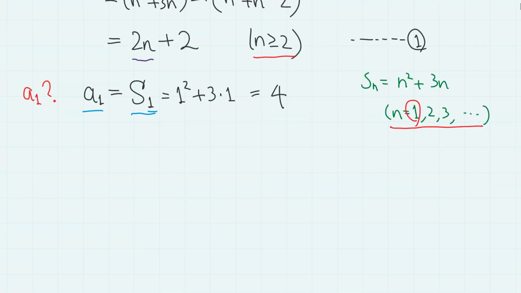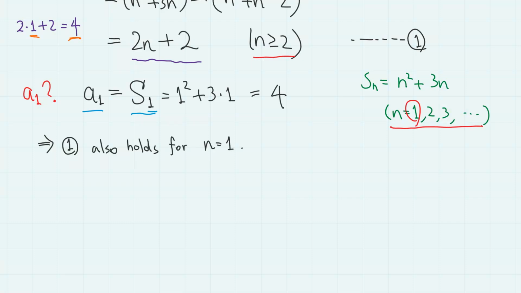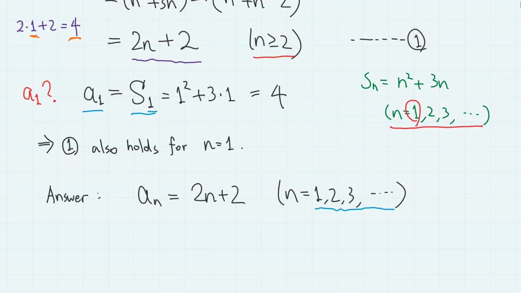Now notice that this expression, 2n plus 2, also gives the same result when n equals 1. Therefore, for this particular problem, we can say that the expression also holds for n equals 1. Therefore, we can write our answer as an equals 2n plus 2 for all natural numbers n.